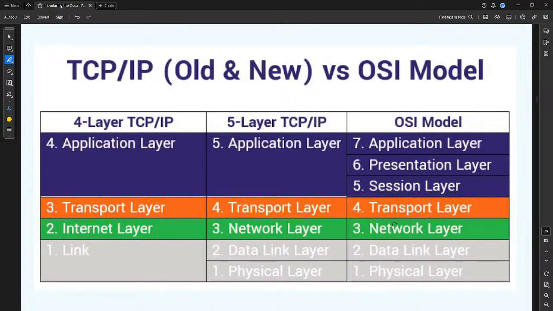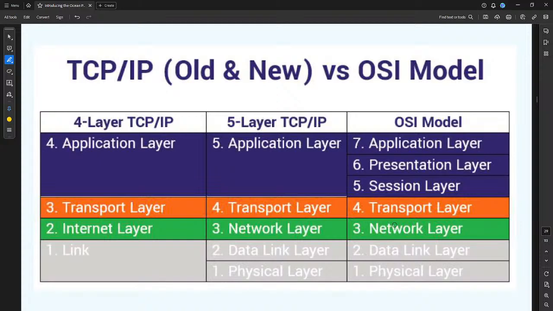Now we can see the TCP/IP old and new versions versus the OSI model. The old TCP/IP had 5 layers, and what is not included in the new one is the data link layer.